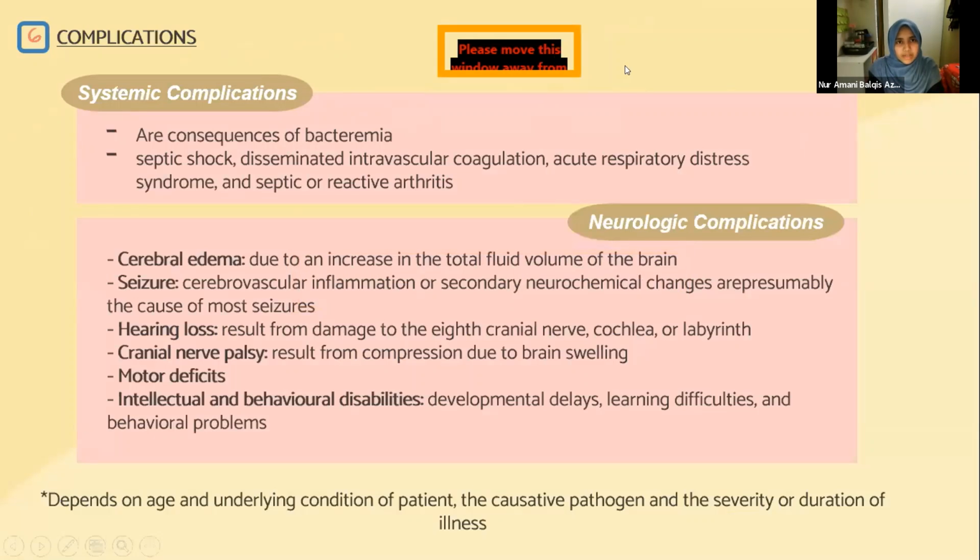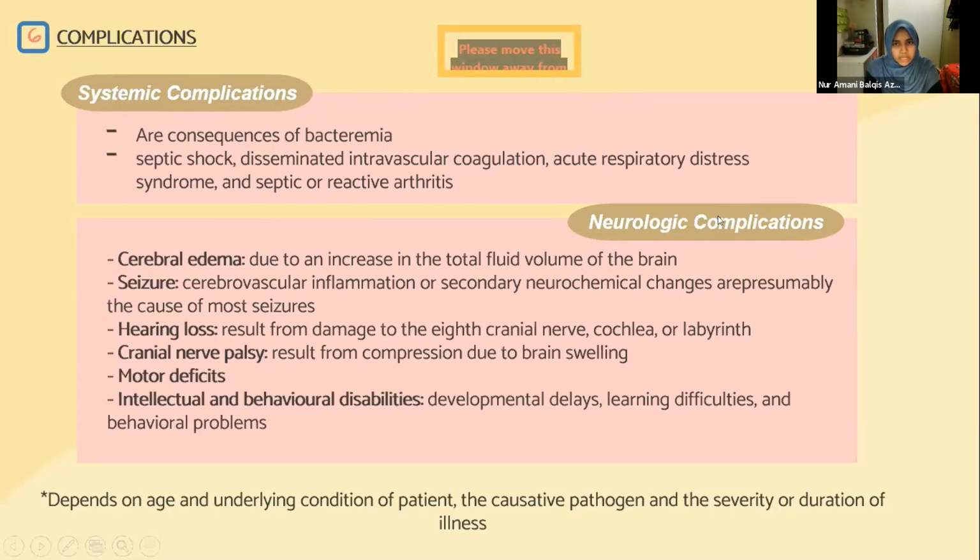So the next one is complications of meningitis. We can divide complications into systemic and neurologic complications. Systemic complications are usually the consequences of bacteremia. They include septic shock, DIC, acute respiratory distress, and septic or reactive arthritis.